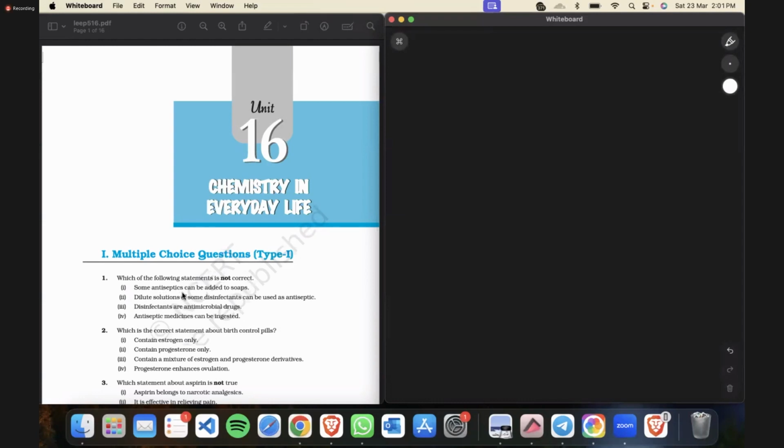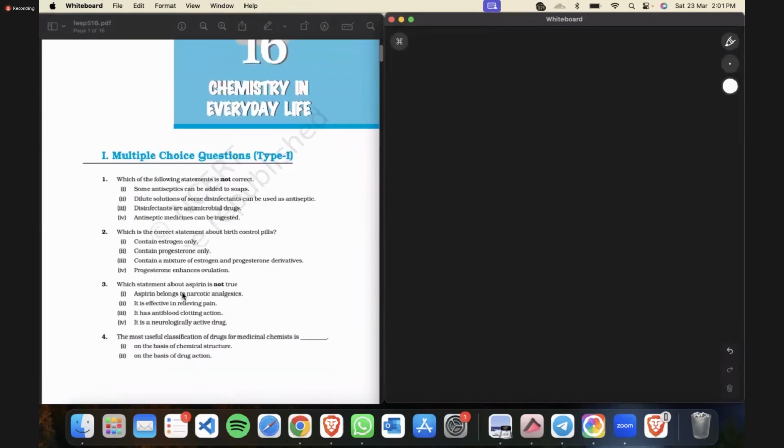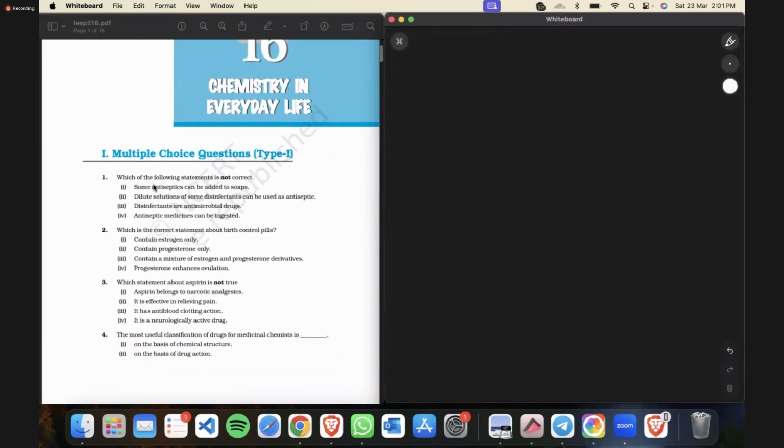Which of the following statements is not correct? Whenever a question states that you have to mark something that is not correct, you should be alerted, because if you read the first sentence and it is right, the tendency to take it as correct will be more. So keep in mind that they're asking which is incorrect.